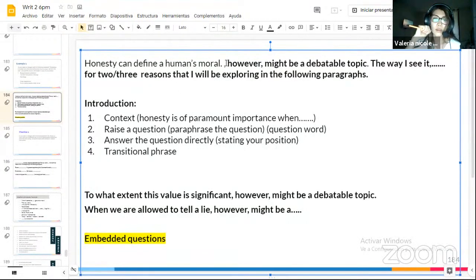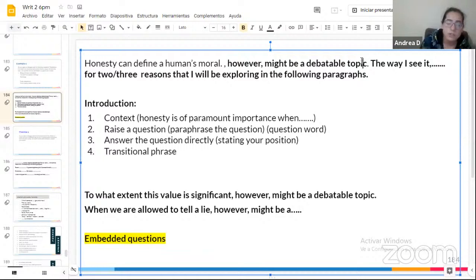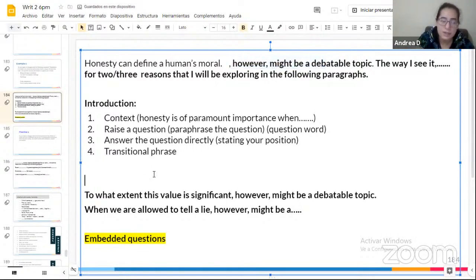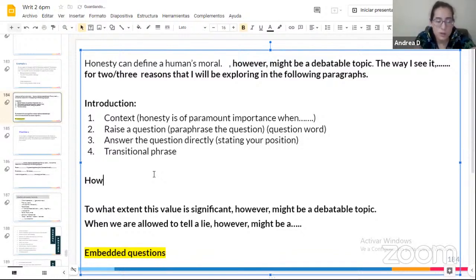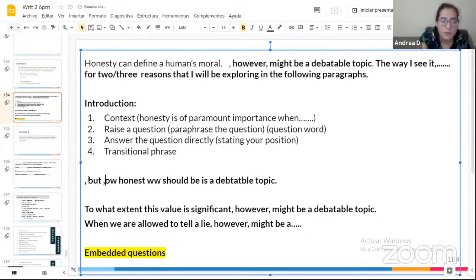Yes, you do have to use an embedded question. It's a question inside a sentence. What this means is basically like, okay, how honest we should be is a debatable topic. And this, however, is something like saying, but how honest we should be is a debatable topic, just in different words, you know? So what would you say?